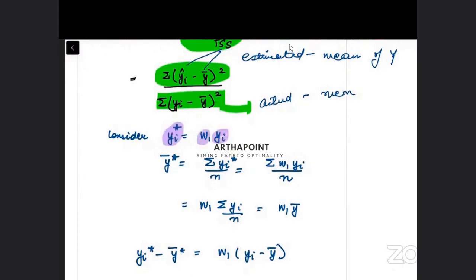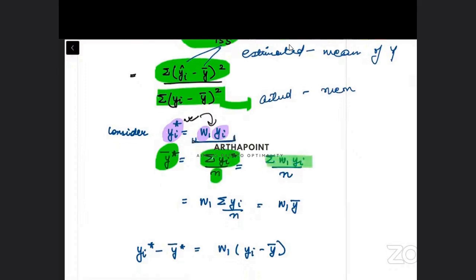Now, what have I done? I have taken another variable yi star, and this is the weight that I have given to yi here. Then I have taken y bar, the mean of y. And I know that if variables scale, then their mean value will also scale. So the mean of y star will be summation y star by n. But y star is nothing but w1 yi, so it will be summation w1 yi by n. You can take this w1 out and it will be summation yi by n.